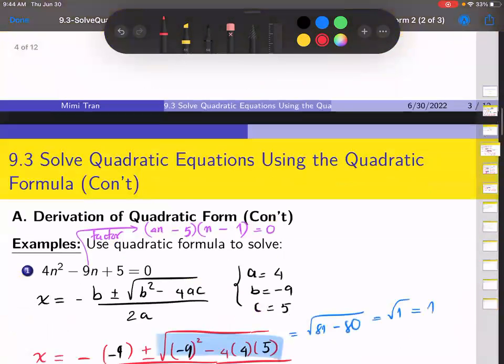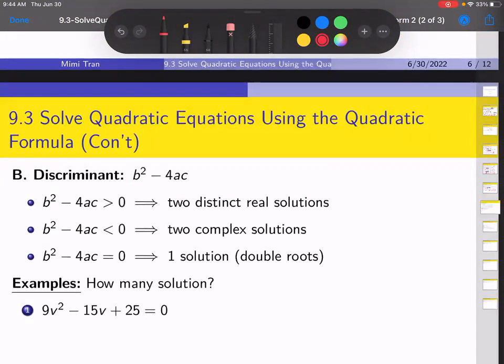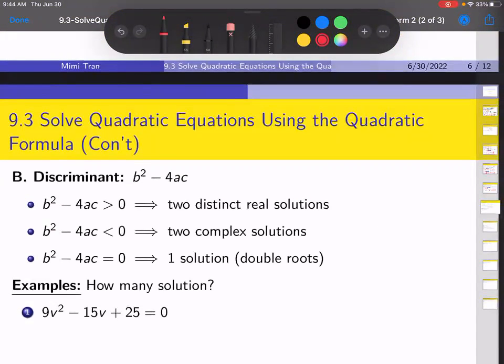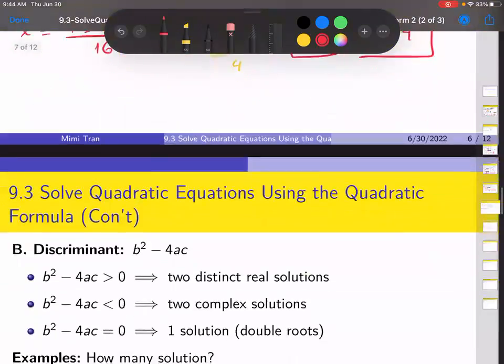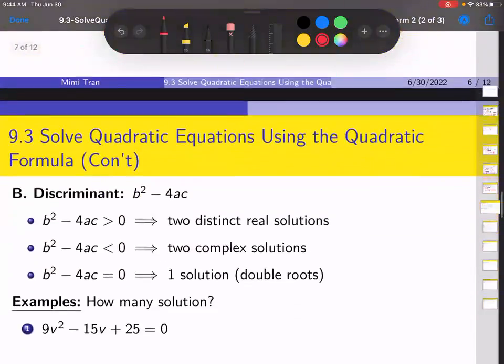It is used to determine how many solutions, what kind of solutions you have, right? So if your discriminant, which is b squared minus 4ac, is positive, then you're going to have 2 distinct real solutions. I should have given you an example in the third case, when I have one solution but a double root.